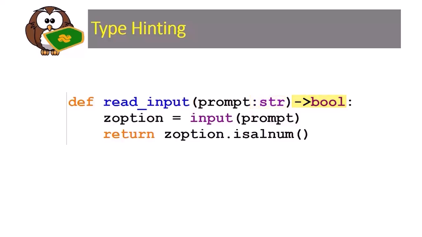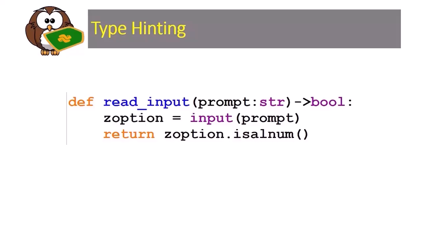And the reason why we call it type hinting is because we can still input anything as our prompt, for example, an integer or a Boolean, and return anything from our function, for example, a string or any other complex or simple type. So type hinting is just that. Type hinting is a way to help document the suggested types and the expected types that can be used to manage the input and output of our functional blocks.